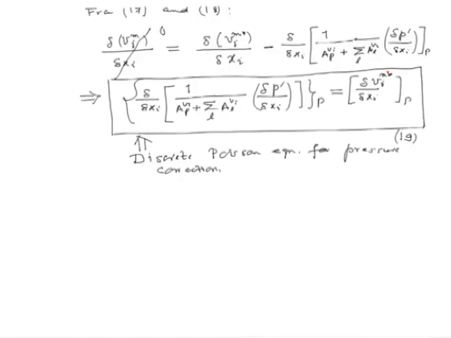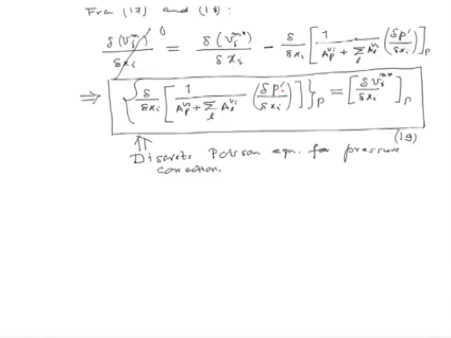Now, once Vi m star is available, similarly our coefficients APVI and ALVI would also be based on the values at the previous step, so they are also available. So, we can compute all of these, use it in this discrete Poisson equation for pressure correction, and we can solve for P prime.